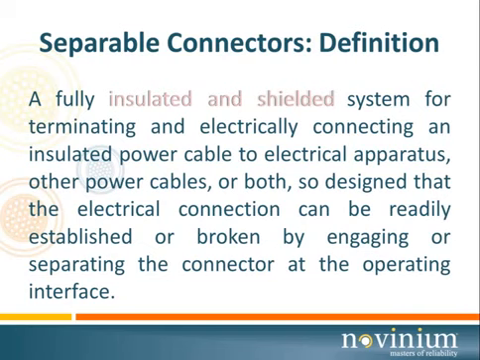The second area in this definition that differentiates these connectors is the fact that the connection can be easily or readily established or broken. What we mean by that is if you have a load break elbow, you're on the end of a hot stick, you can engage the elbow to the insert and complete the connection. So you're establishing the electrical connection, or you can remove the elbow and break the connection.